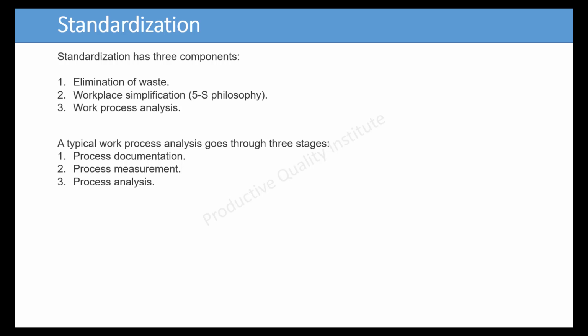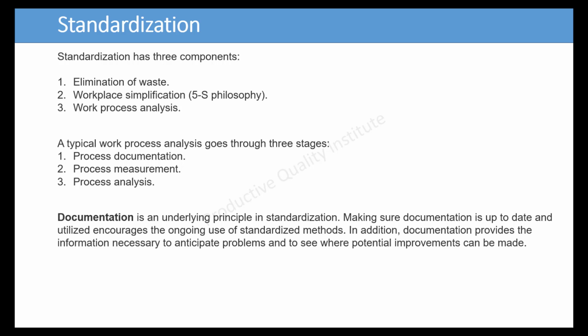Process analysis. Documentation is an underlying principle in standardization. Making sure documentation is up to date and utilized encourages the ongoing use of standardized methods. In addition, documentation provides the information necessary to anticipate problems and to see where potential improvements can be made.